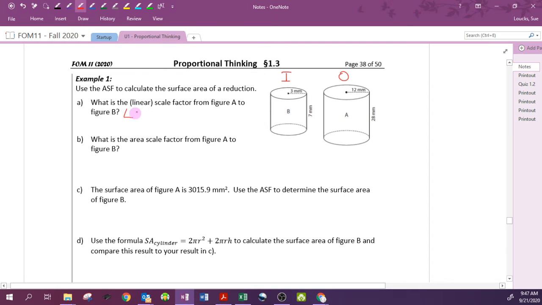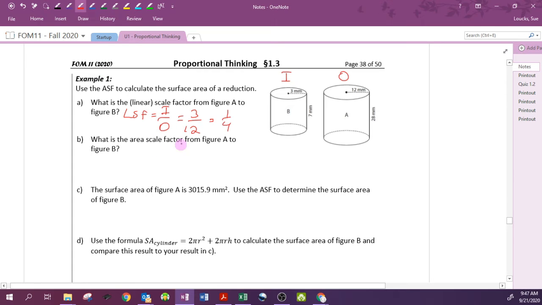So the linear scale factor is image over original, a length on the image compared to a length on the original. So it's going to be 3 over 12, which is 1 over 4. So that's the linear scale factor. B is a quarter the size of A.